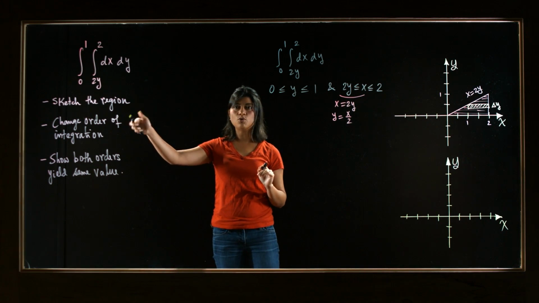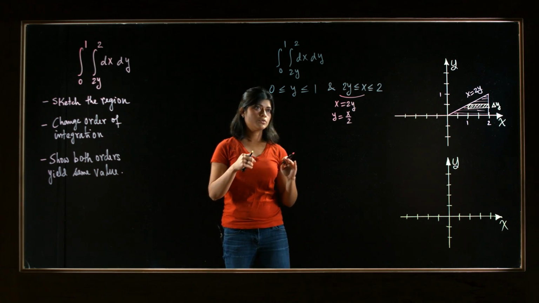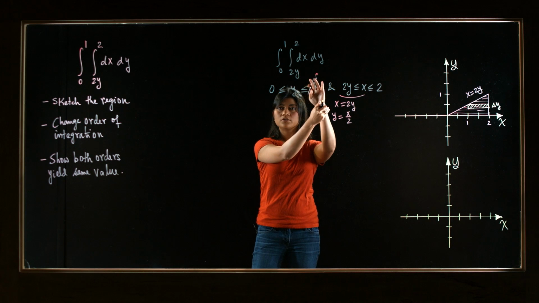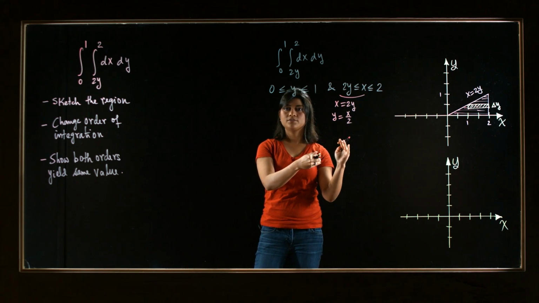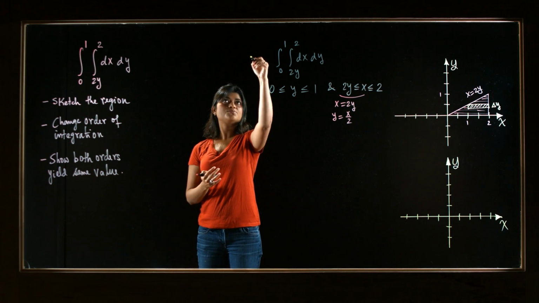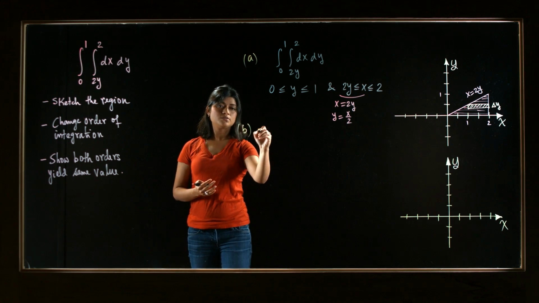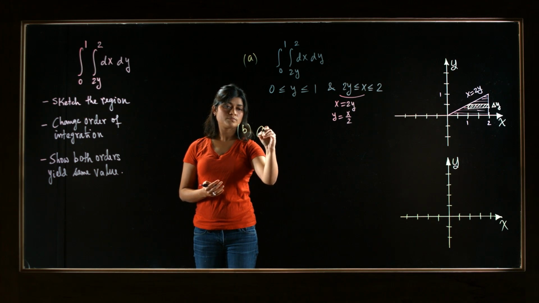Now we have to change the order of integration and figure out how we can change the order to get the same area. So let's say this was part A, and now part B, we change the order.